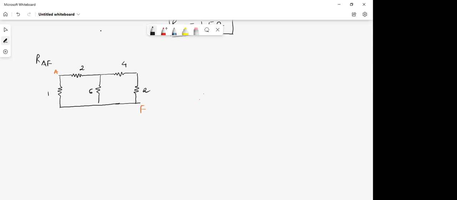Why not? Why should it not be considered? Sir, because you have to find between A and F, and C and D does not come between that. The points C and D do not come, but the resistor comes. I never made a statement that resistance will disappear. I said those points will disappear because unnecessarily they are making our work complicated.